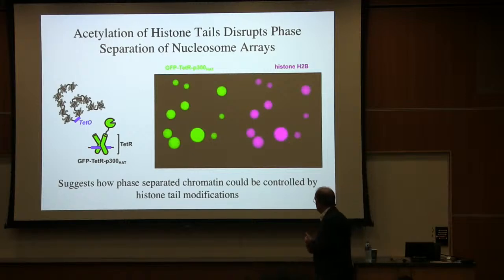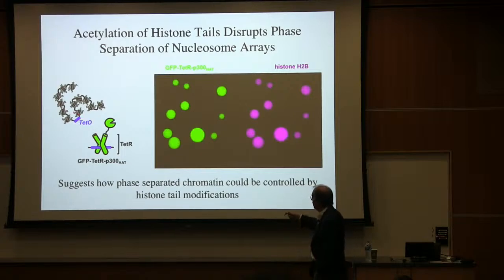And so my postdoc, Brian, rigged up, I would say, a largely artificial system where we can recruit the catalytic domain of the P300 histone acetyltransferase into our chromatin droplets through binding of a fusion protein to the TET-R transcription factor to a TET-O sequence in the DNA.